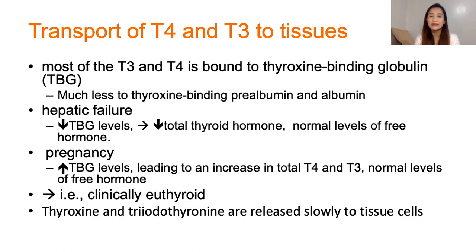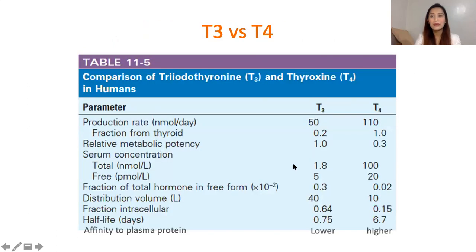So that's why in most instances we request free T3 and free T4 instead of total T3 and T4, because they're less affected by these factors. So we rarely request total T3 and T4 anymore in the clinics. Okay? And thyroxine and triiodothyronine are released slowly to the tissue cells from the thyroxine binding globulin.